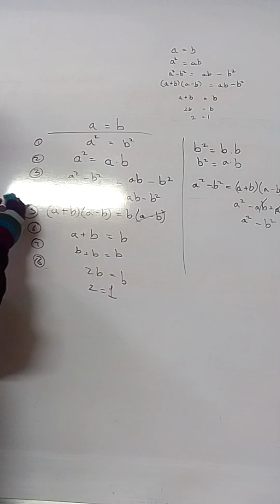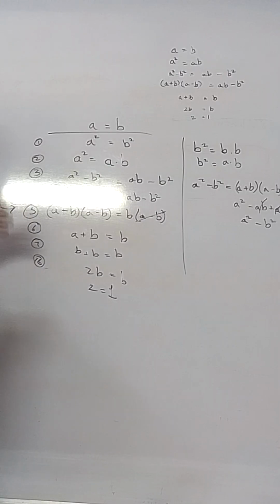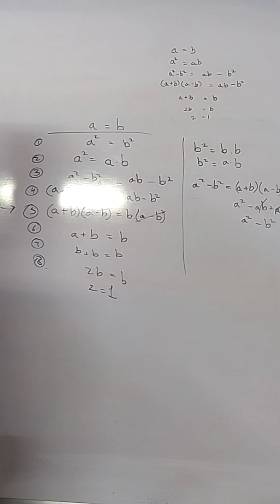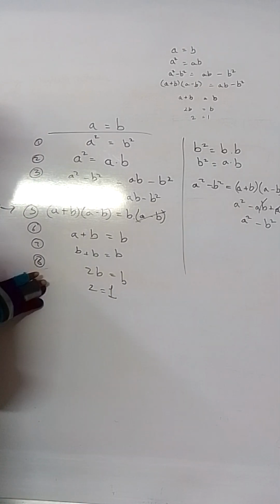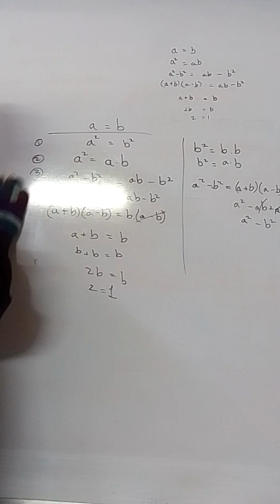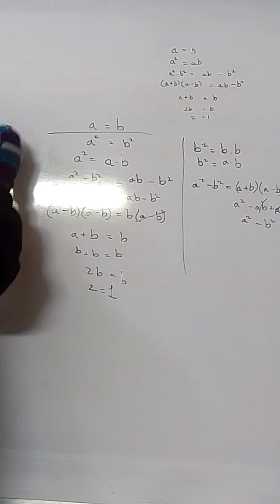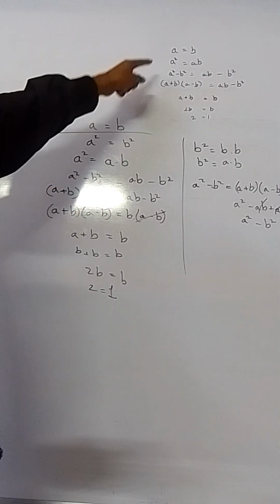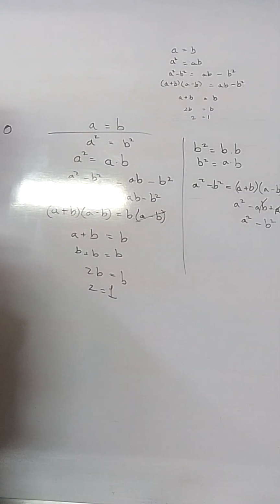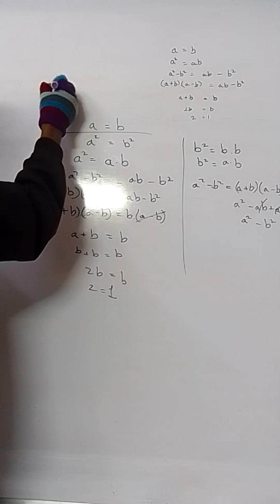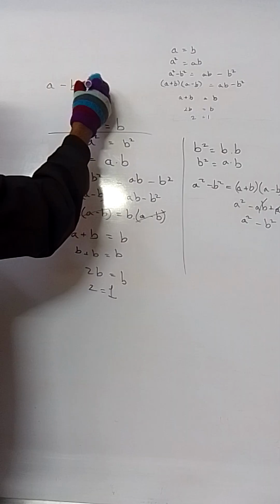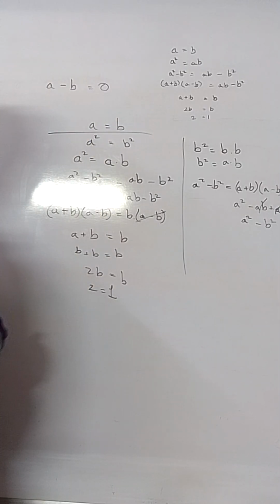This step is wrong. You cannot do that. You cannot subtract the same number and then divide by it. For this, you need to understand a concept, which is 0. We know that A equals B, so A minus B will be 0, right?